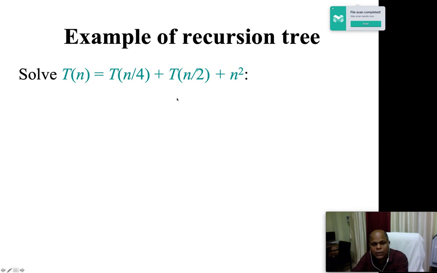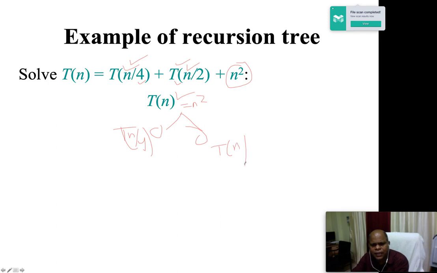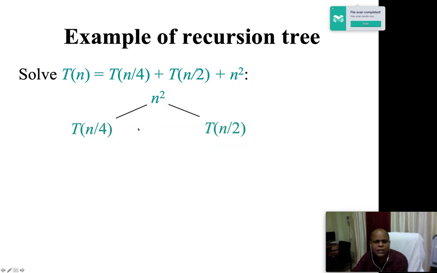You see, this T(n) can be replaced by T(n/4) and T(n/2), two nodes, and n square is the cost to reach these. Hence T(n) will be written with n square at the root, and two nodes will be created, one node for T(n/4) and another for T(n/2).